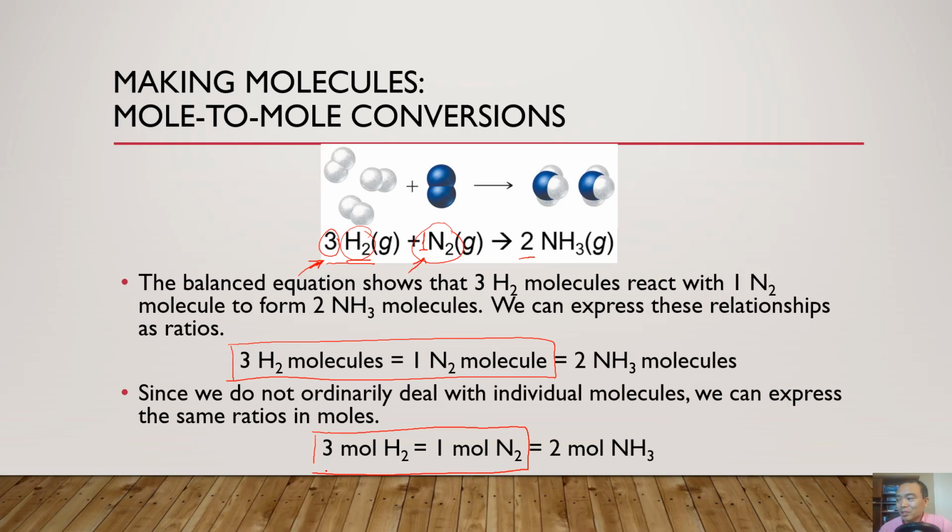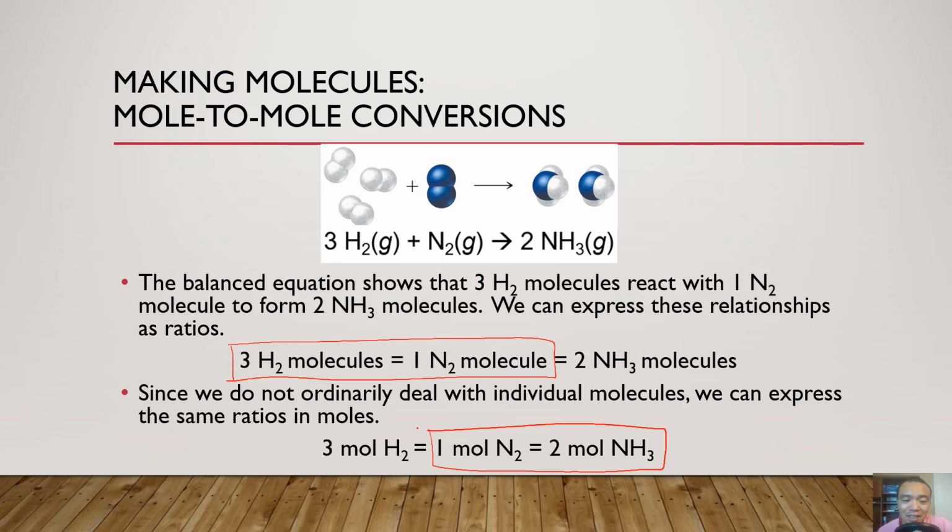Another example, let me erase this for now. If you are looking for the relationship between nitrogen and ammonia, what's the mole relationship? That would be 1 mole of nitrogen is related to 2 moles of ammonia. You can write it this way: 1 mole of nitrogen is related to 2 moles of ammonia.